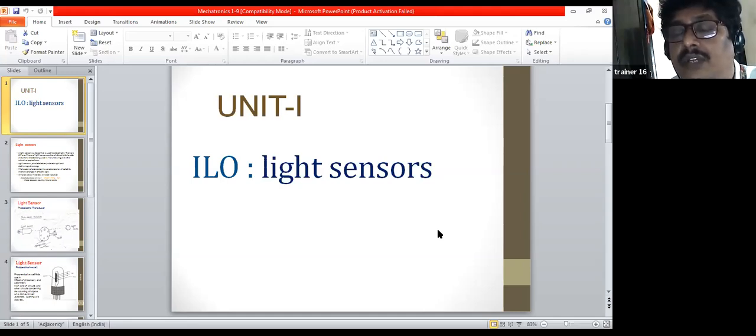And the next one we discussed was the ultrasonic type level indicator. Here a transmitter and a receiver are there. The transmitter transmits ultrasonic waves from above the surface of the liquid, and then a receiver receives those signals.